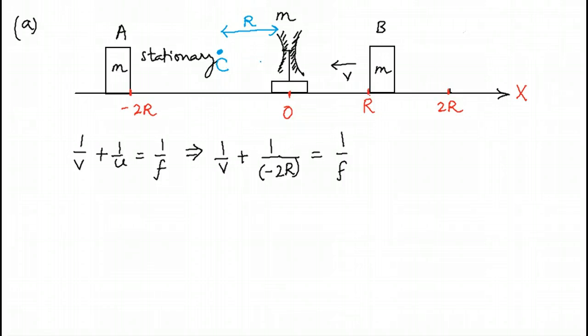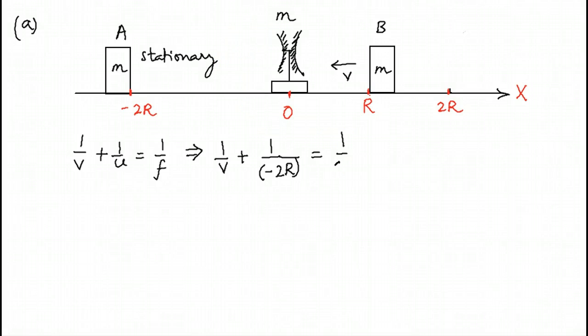So that's the center of curvature, and the midpoint of the line segment from the pole to C is of course the focus of the mirror, F. So clearly the focus has a coordinate equal to minus r divided by 2, which is substituted over here.